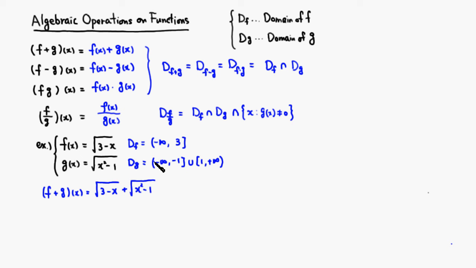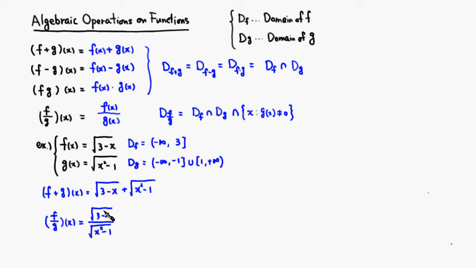Let's do just one more. f over g of x is simply the square root of 3 minus x on top, and the square root of x squared minus 1 on the bottom. That's how you create the addition and the division here.